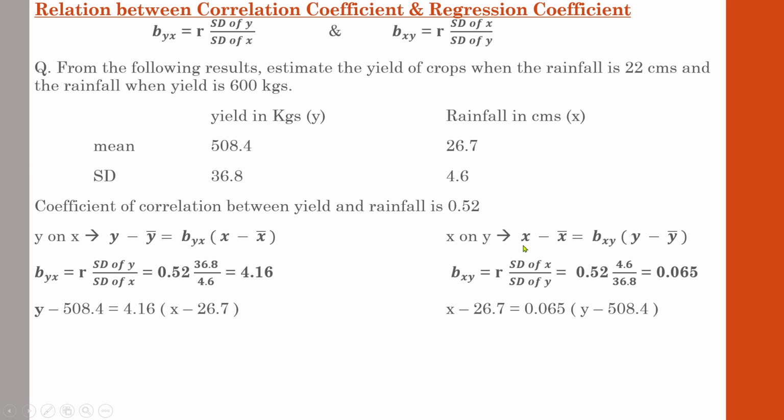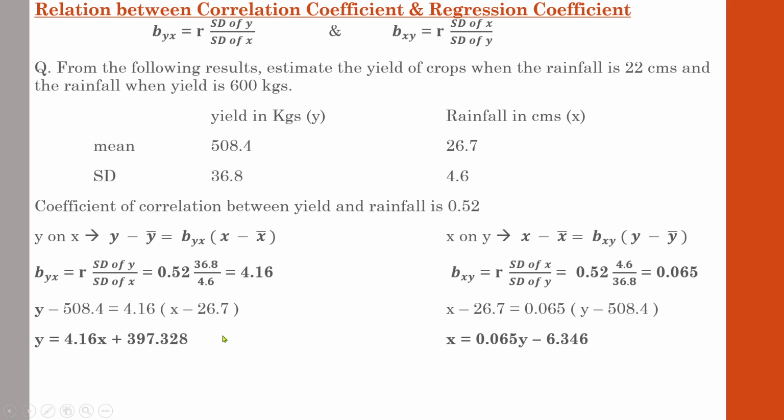Similarly, x minus mean of x, 26.7, equals bxy, 0.065, into y minus mean of y, 508.4. By solving these two equations, you will get y equals 4.16x plus 397.328 and x equals 0.065y minus 6.346.